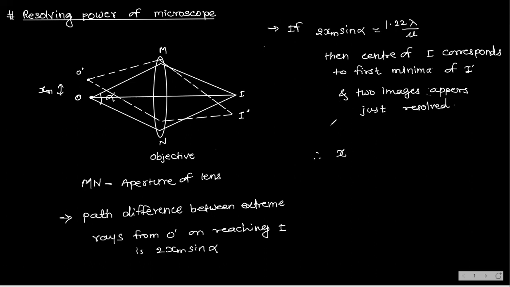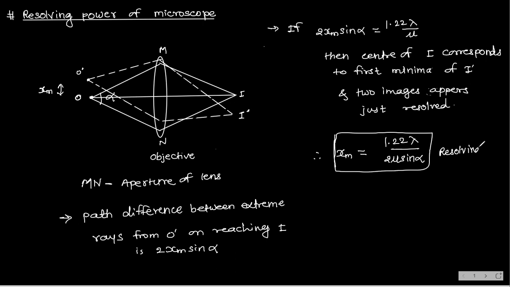Therefore, xm is equal to 1.22 lambda divided by 2 mu sine of alpha. And what is xm here? Xm is resolving limit. Resolving limit means the distance between two objects. Xm is what?